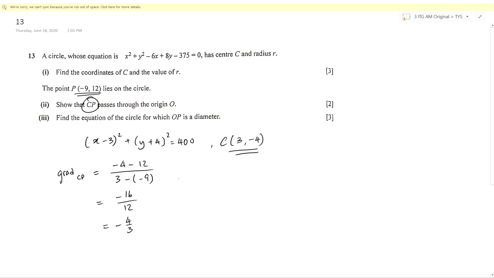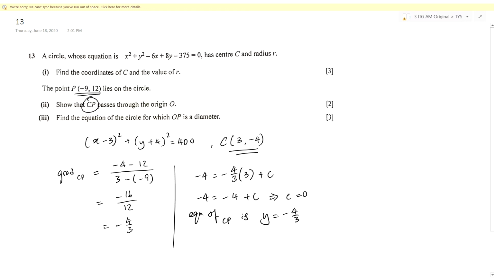And we substitute this into y equals to mx plus c. We choose a value for a coordinate that we want to use. Either choose point C or point P. So for example, let's choose point C. So the y value equals to the gradient, negative 4 over 3, times the x value plus c. So here we see that negative 4 equals to negative 4 plus c, so c equals to 0, which means that the equation of CP is y equals to negative 4 over 3 x.